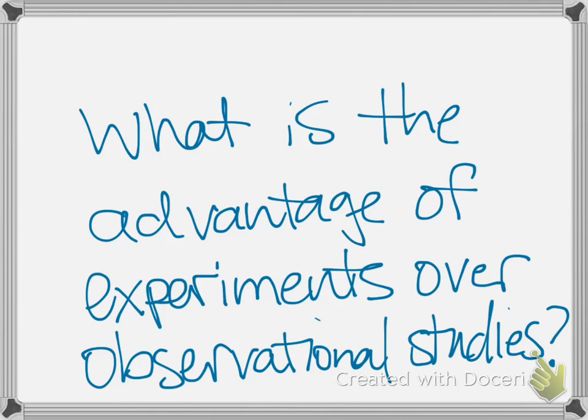So we've also talked about not just experiments but also observational studies. Now, why would we rather conduct an experiment instead of an observational study? Well, an experiment, of course, gives us a little bit more control, because an experiment means that the experimenter is able to influence the experimental units in some way. We said before that when we were just doing an observational study, all we were doing was observing what was happening, so we weren't exerting any sort of influence on the outcomes.